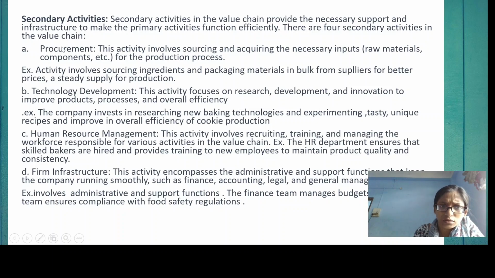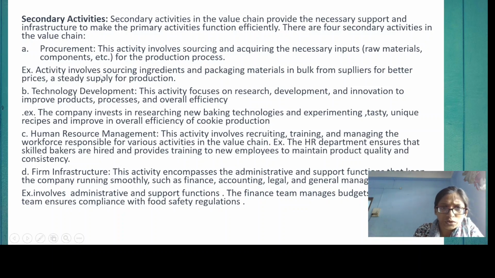What is that? In procurement, we are sourcing and acquiring the necessary inputs, raw materials, components for the production process. Our procurement team will do that.